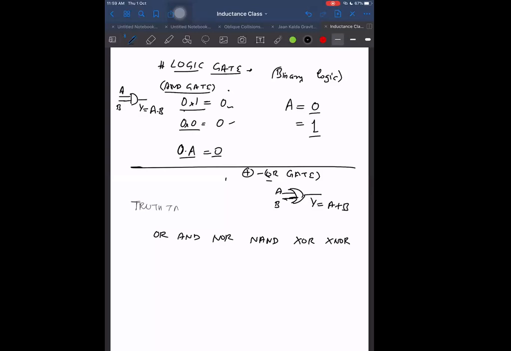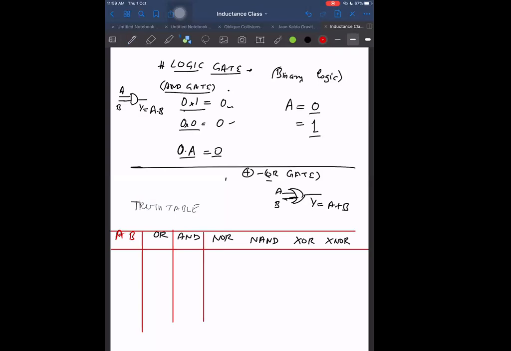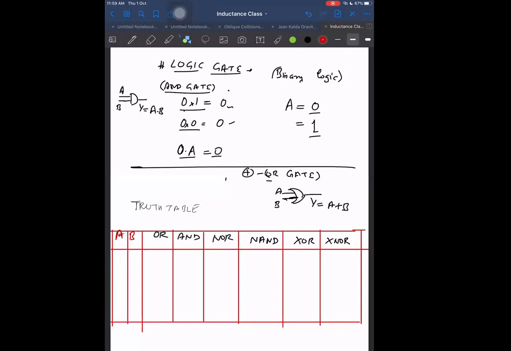Two inputs I will give, A and B. So if A is 0, B is 0; A is 0, B is 1; A is 1, B is 0; A is 1, B is 1.